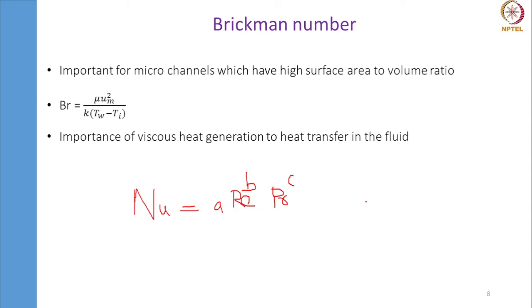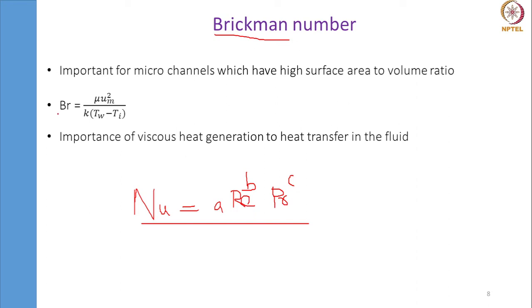However, when we are discussing micro heat exchangers, this is not directly true. We also have to consider one more number called the Brinkman number, which is important for microchannels that have high surface area to volume ratio.